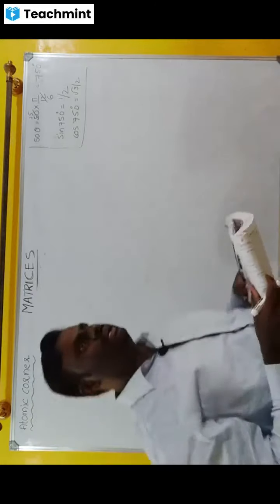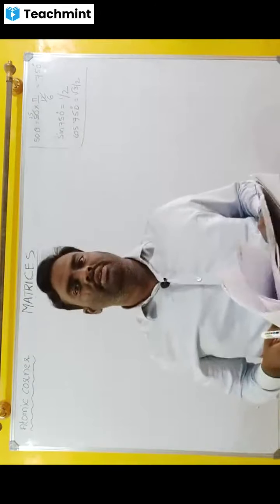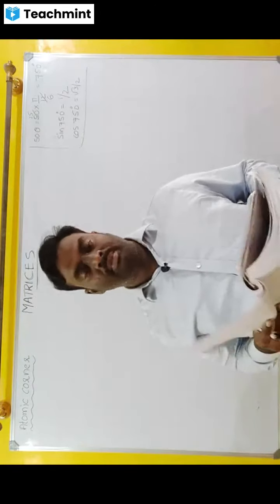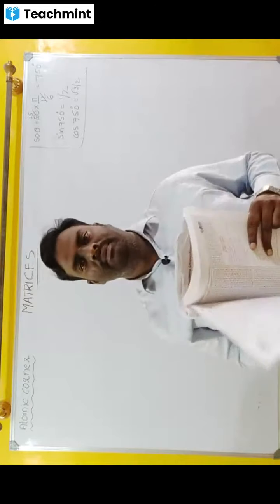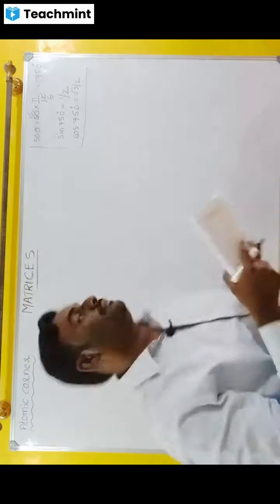So we completed KCET level questions. We completed JEE level questions. In JEE we have fewer questions in matrices, with the majority of questions from the determinant chapter. Now in the atomic corner we will complete the matrices questions.